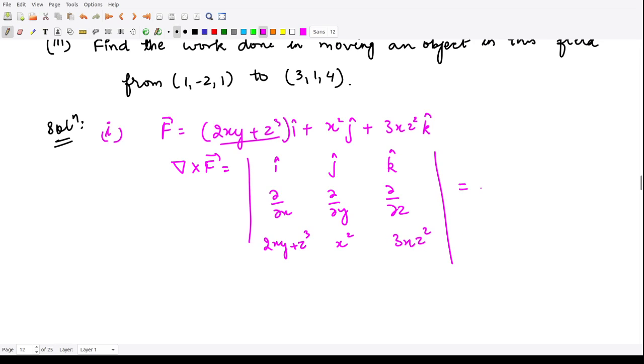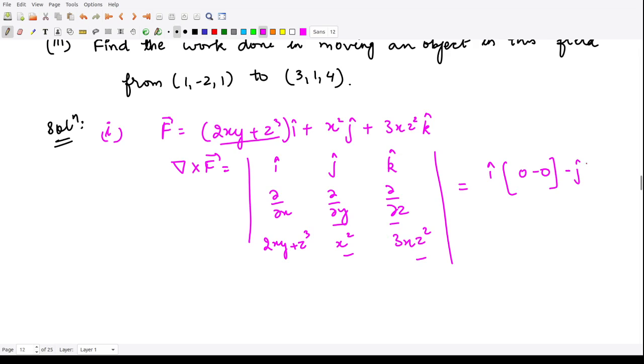So when you solve this, it becomes equal to i cap times the derivative here, which is 0, and the derivative here with respect to z is also going to be 0.